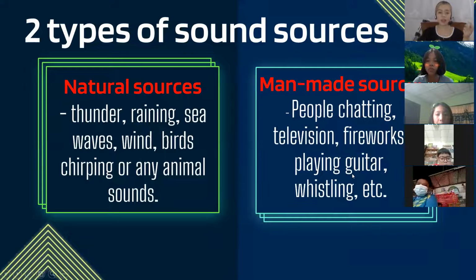Fireworks. When you play guitar, there is a sound. Whistle. Can anybody whistle? What is whistle in Thai? Like that, but I cannot make it loud. Whistling. Okay, those are the two types of sound sources.